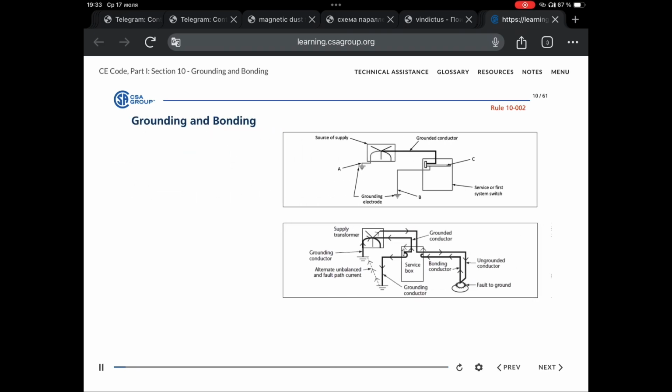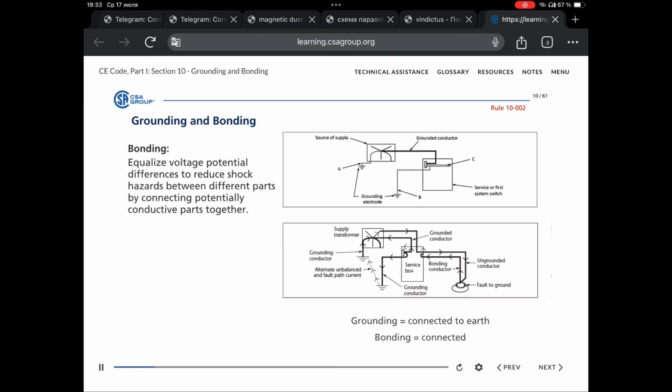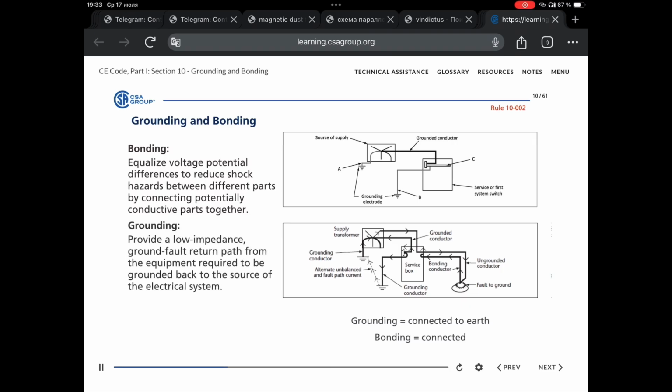Grounding and bonding work together, however they are two different things. Bonding is used to equalize voltage potential differences, to reduce shock hazards between parts by connecting potentially conductive parts together. Grounding involves providing a low impedance, ground fault return path from the equipment required to be grounded back to the source of the electrical system, typically through the equipment grounding conductor routed with the branch circuit conductors.